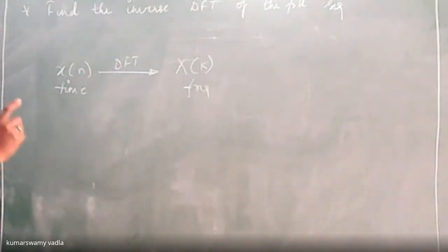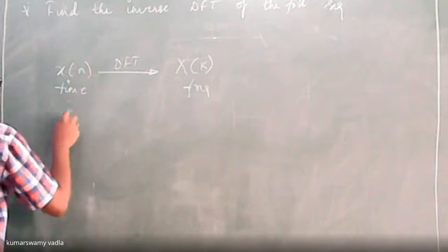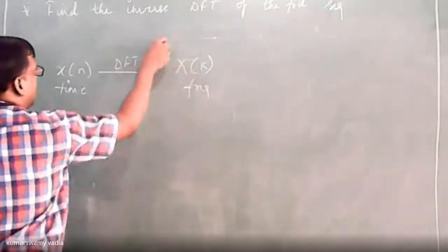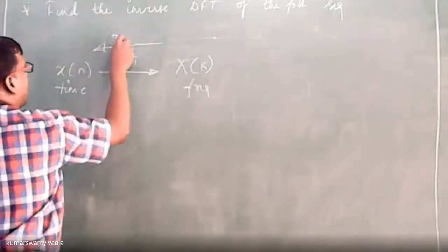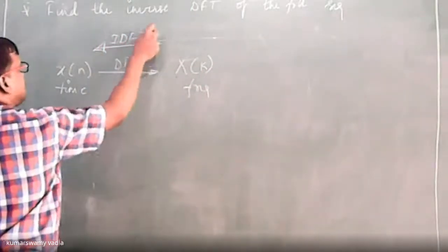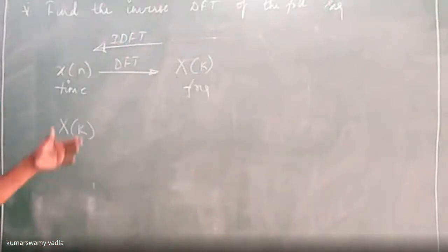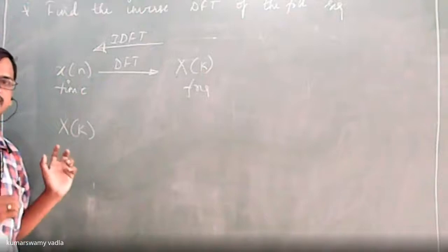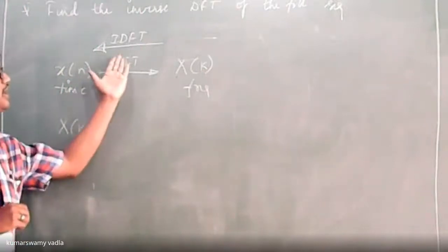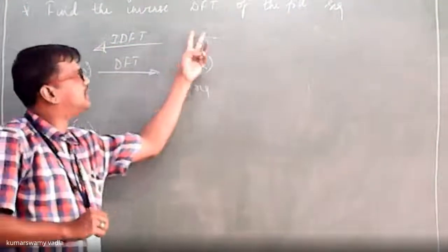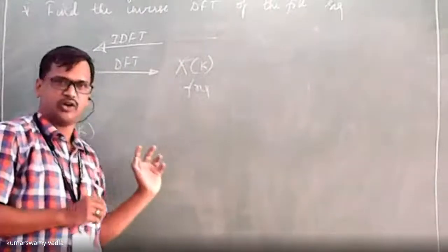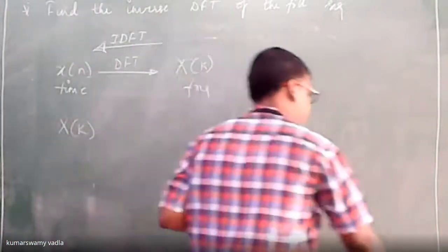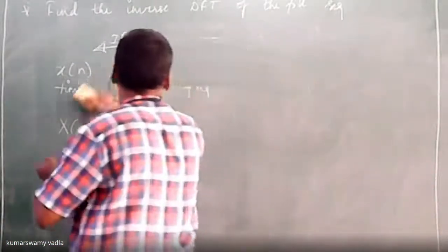Now, they have given you X of k, so you need to apply IDFT, inverse discrete Fourier transform, to get back your sequence x of n. That is the meaning of finding the inverse DFT of the following sequence of spectrum. They have given you X of k, and you need to find x of n.